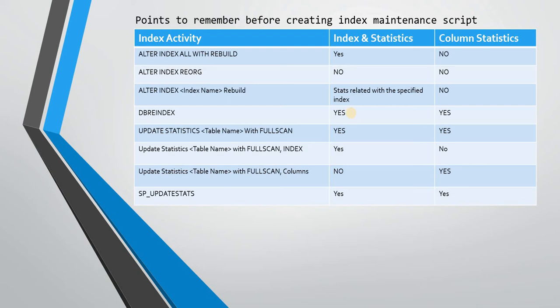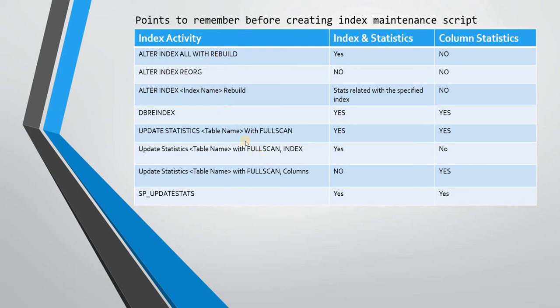Now, any of the options you can choose depending upon your requirement, as I earlier told you, depending upon the volume of the table and the time taken by the reindexing activity, right? But the fourth option, that is DBCC DBREINDEX and sp_updatestats, are basically very good options to reindex everything, but you cannot control them.